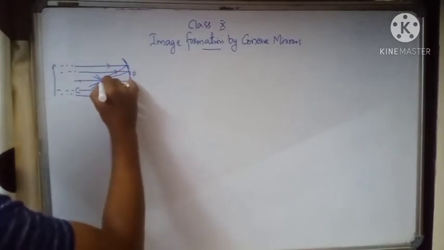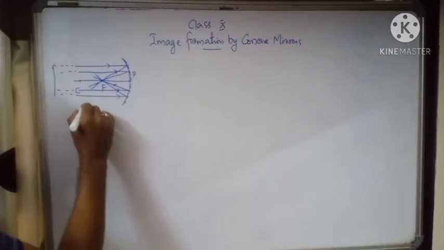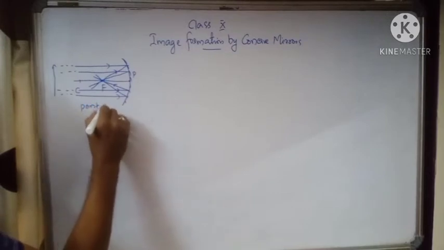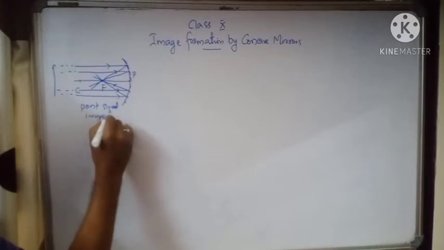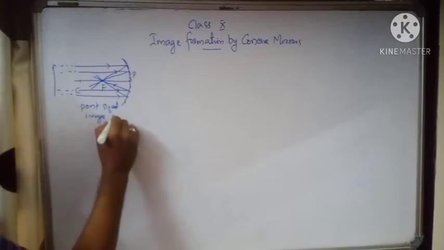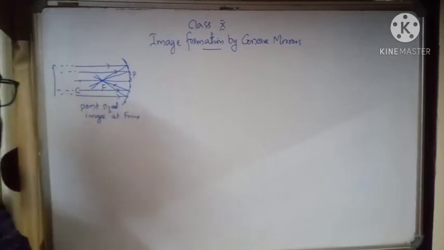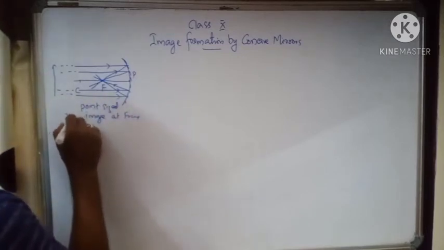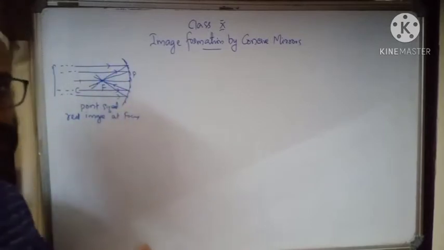So at the focus, we will get a very small image, a point-sized image. We obtain a point-sized image at the focus. It will be a real image because it is in front of the mirror. If you place a screen there, you can see the image.